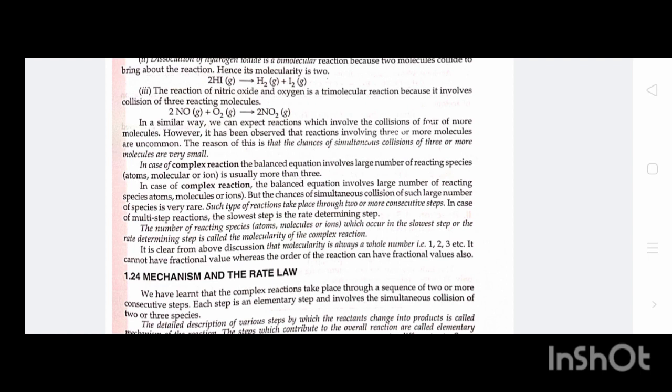However, it has been observed that reactions involving three or more molecules are uncommon. The reason is that the chances of simultaneous collision of three or more molecules are very small.